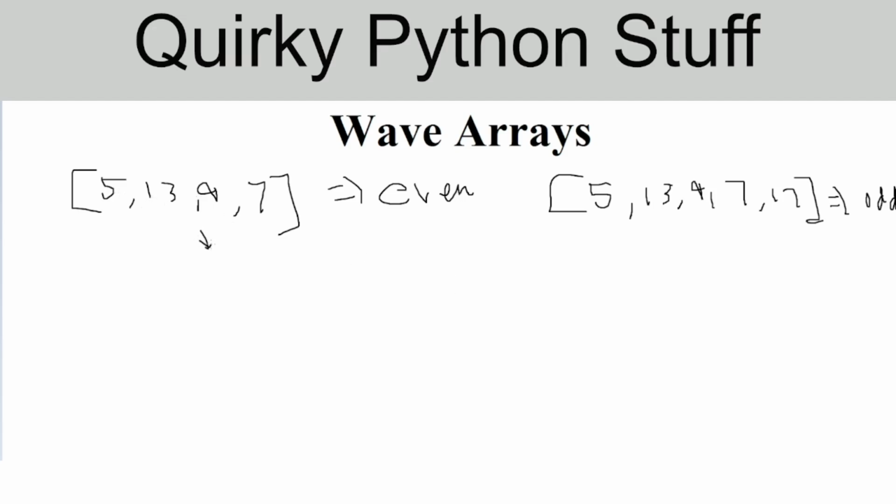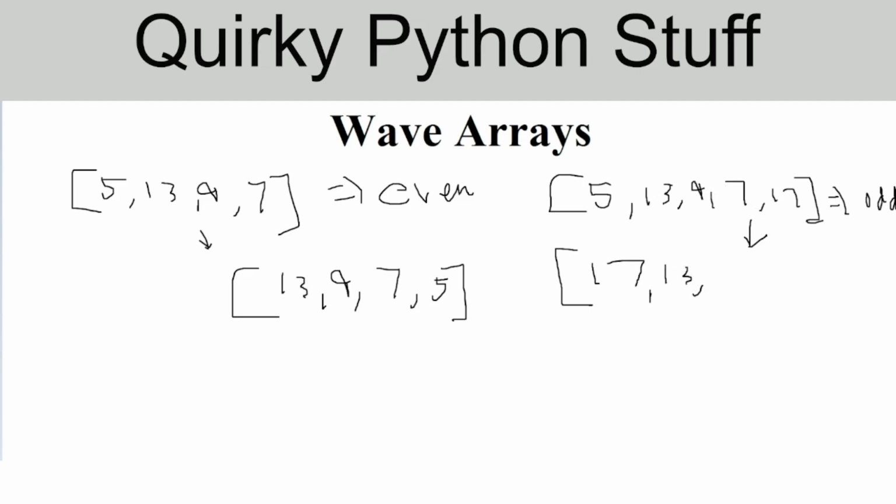Like if we see, this will become 13, 9, 7 and 5, and this one here becomes 17, 13, then 9, 7, and 5. So this is how you will get it in descending order.